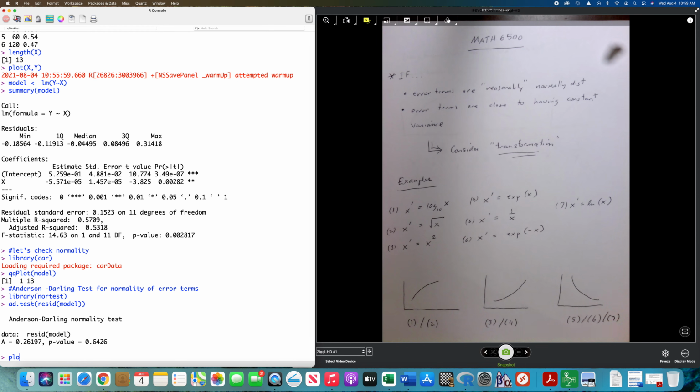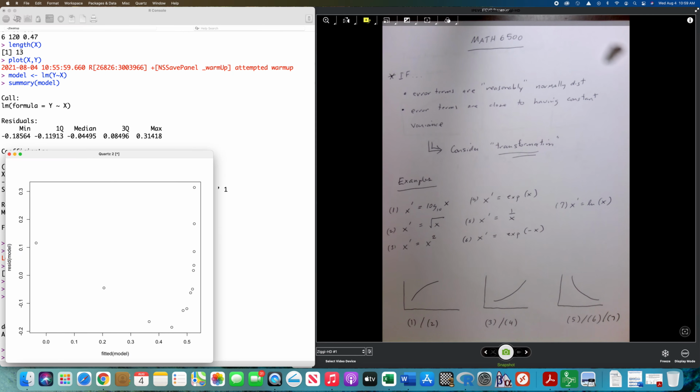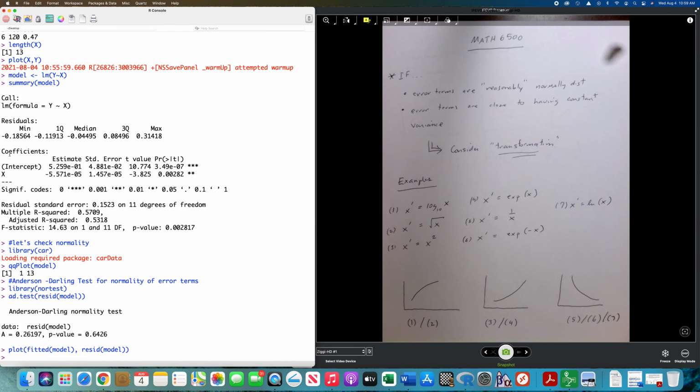However, and this is a huge however, when we start to examine the relationship between the fitted values and the residuals, I would much rather do this.